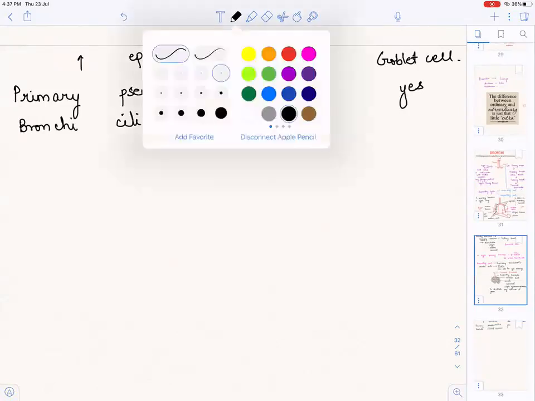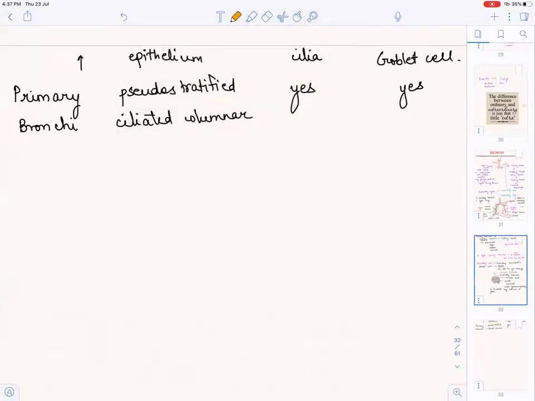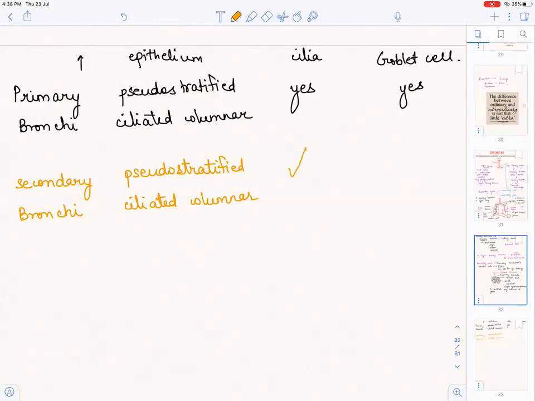Now the primary bronchi will again be divided into secondary bronchi, and the secondary bronchi go into each lobe of the lung. In the right there are 3, in the left there are 2. In secondary bronchi, what kind of epithelium is present? It is pseudostratified ciliated columnar. Does it have cilia? Yes, and it has goblet cells.